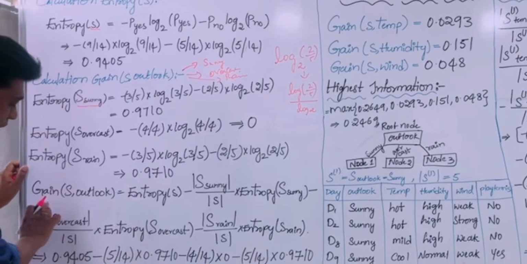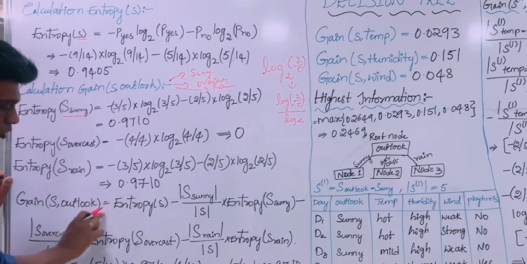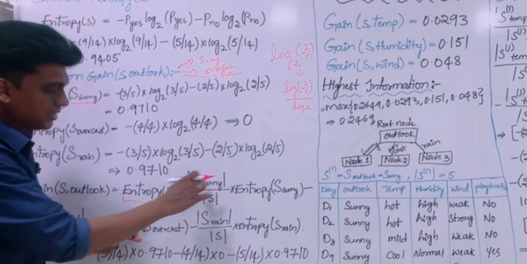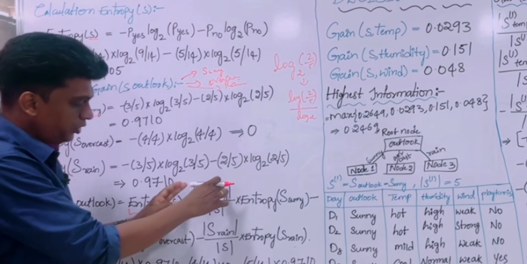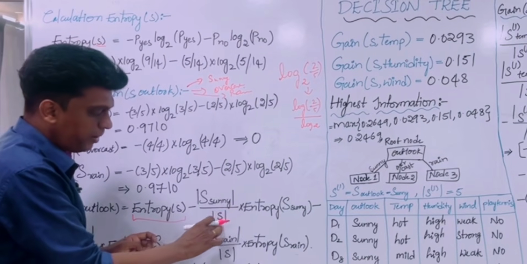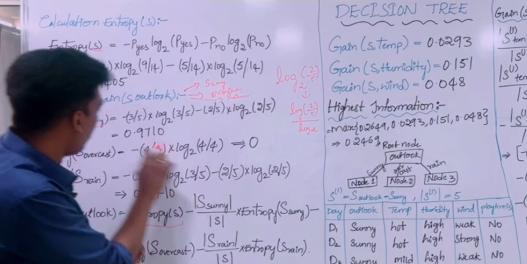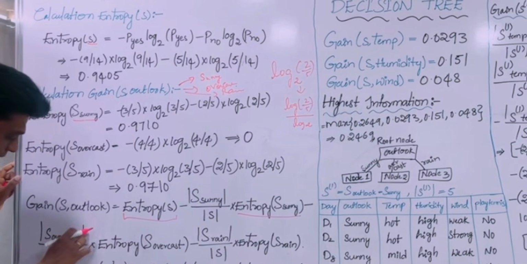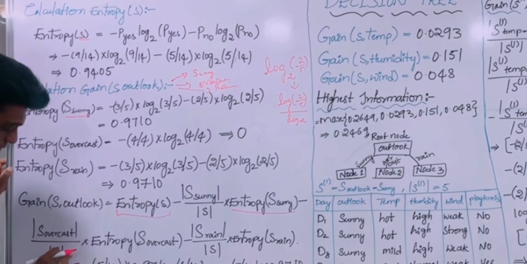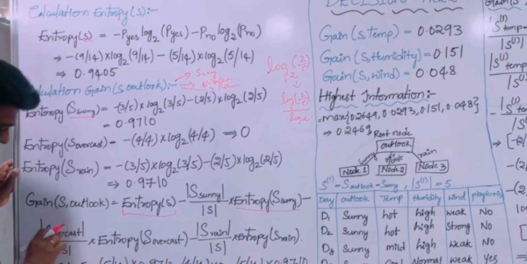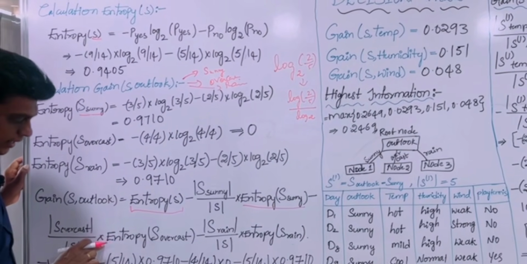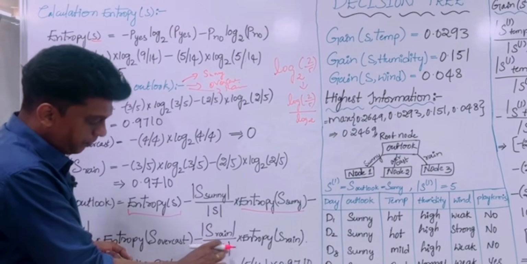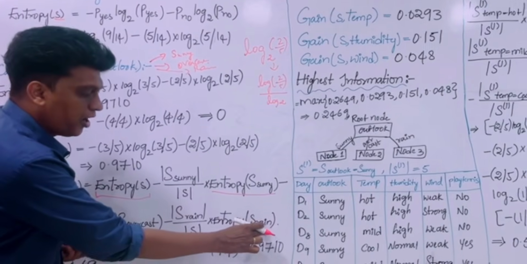Now we need to calculate the gain. Gain of S comma outlook is equal to the overall entropy minus the modulus of S sunny divided by modulus of S into the entropy of sunny, minus the modulus of S overcast divided by modulus of S into the entropy of overcast, minus the modulus of S rain divided by modulus of S into the entropy of rain.